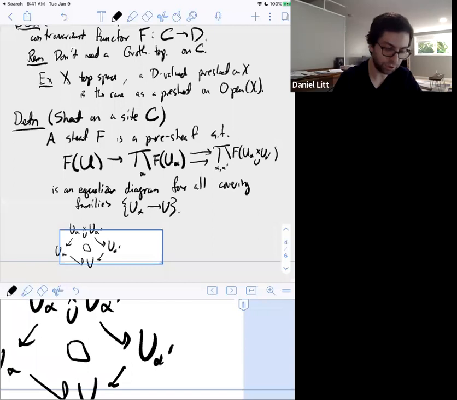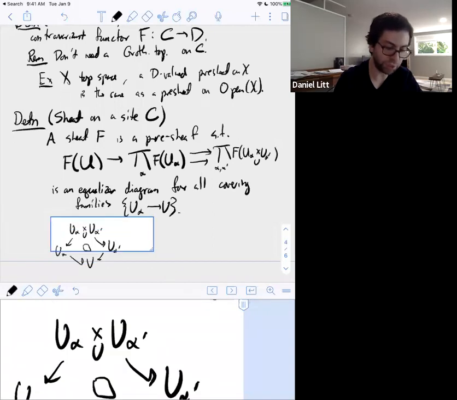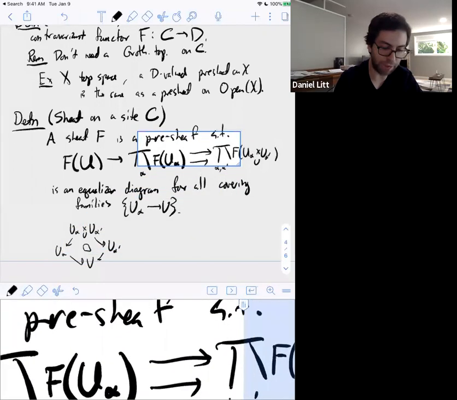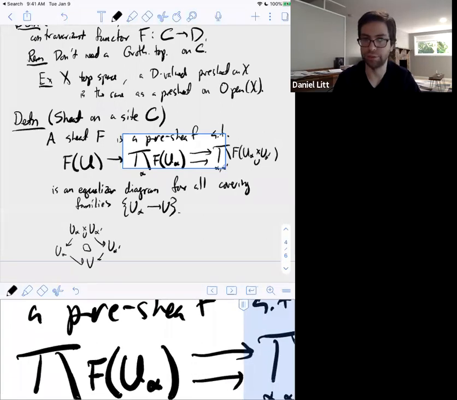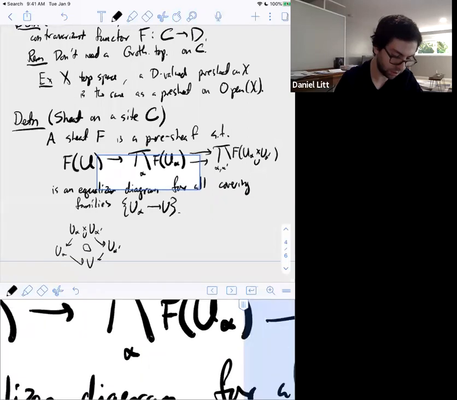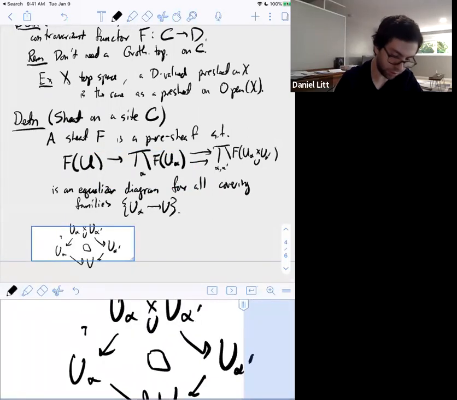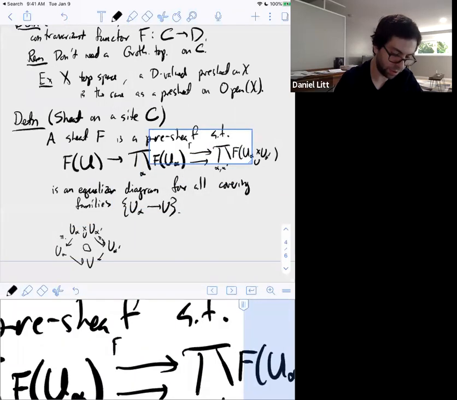Those first and second projections induce maps going the other way when you apply F, because F is a contravariant functor. Let's call this pi1 and this pi2. So this top map is F of all the pi1s that show up, and the bottom one is F of pi2.